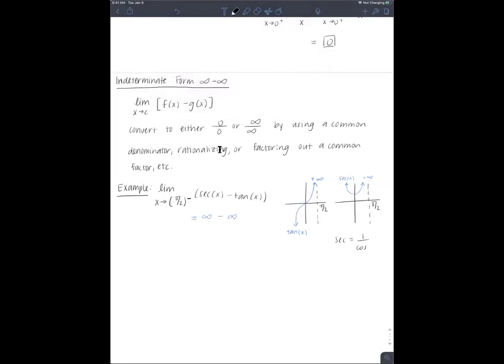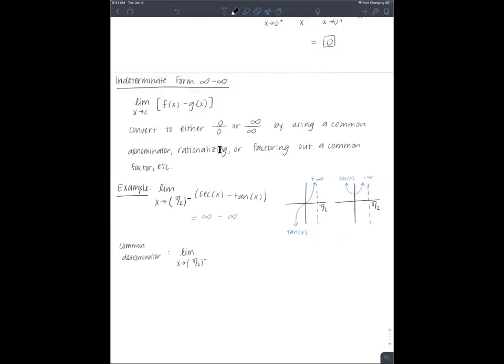And so let's write that out. Common denominator. Don't forget with trig functions, you can always write them as fractions of other trig functions. And so for my common denominator, I get the limit as x approaches pi over 2 from the left.